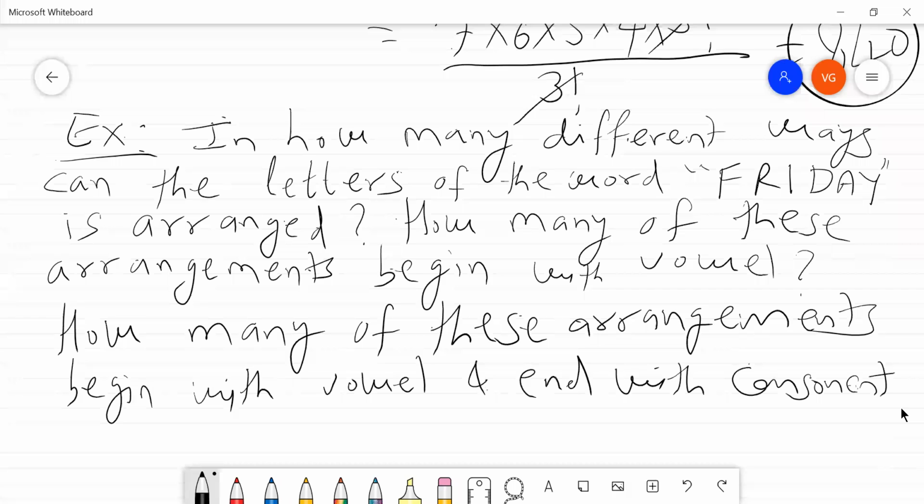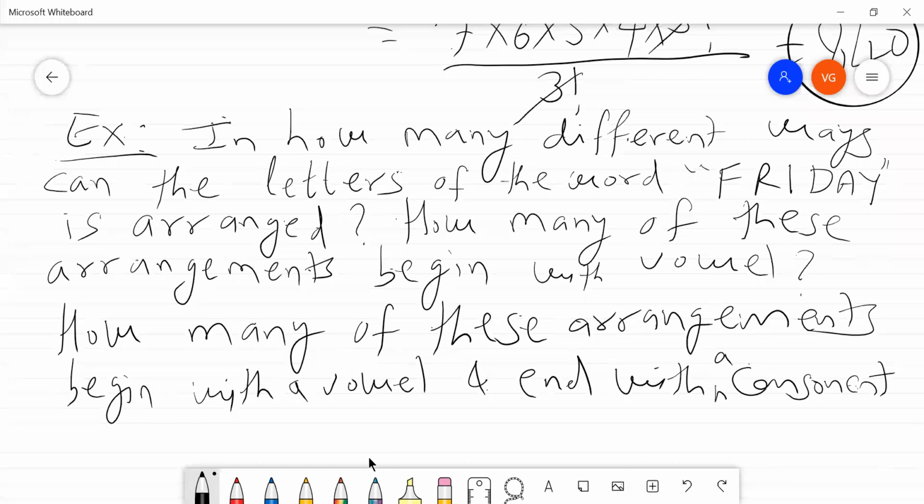So look at the question. In how many different ways can the letters of the word Friday be arranged? How many of these arrangements begin with a vowel? And the third is how many of these arrangements begin with a vowel and end with a consonant.